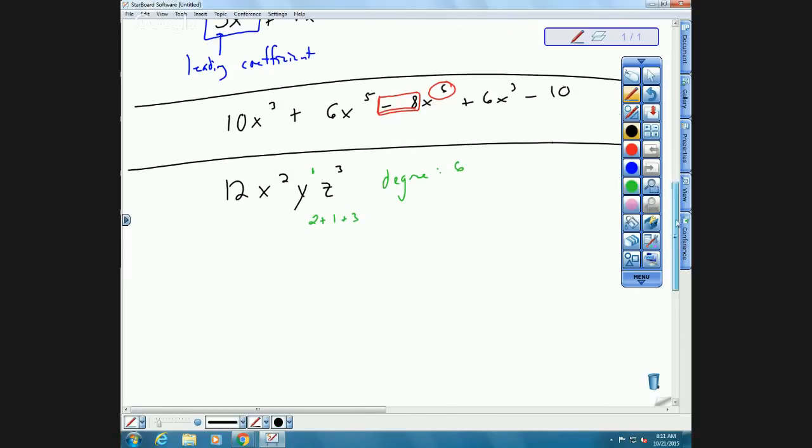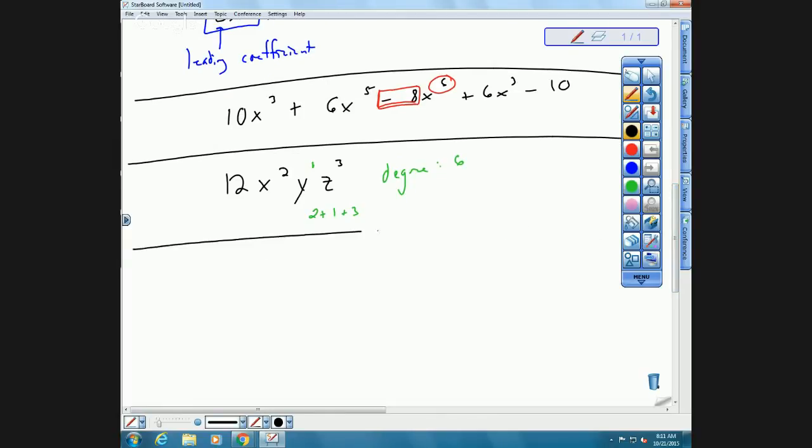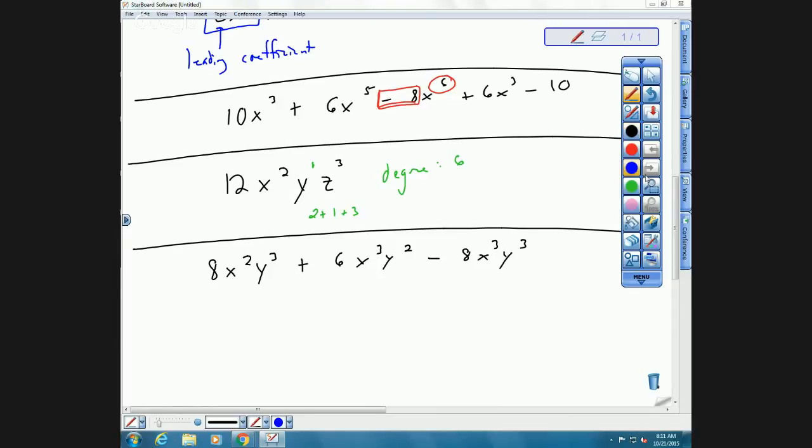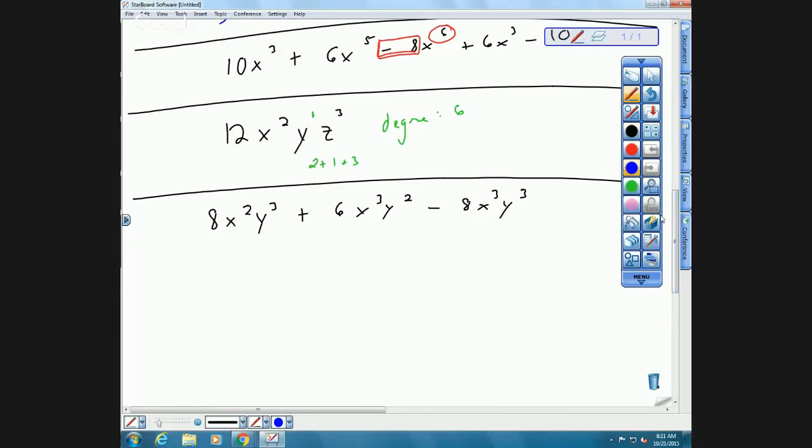That's not that tough, but when you have something like this, a polynomial with x's and y's, you've got to find the degree of each term.